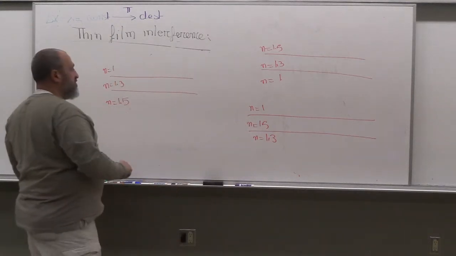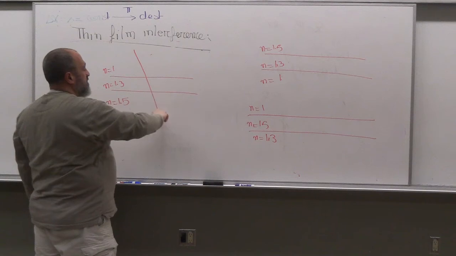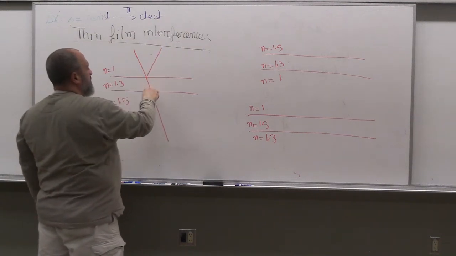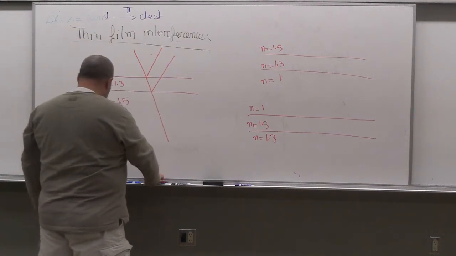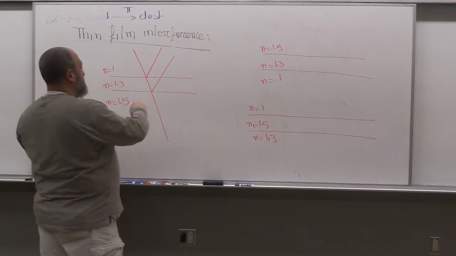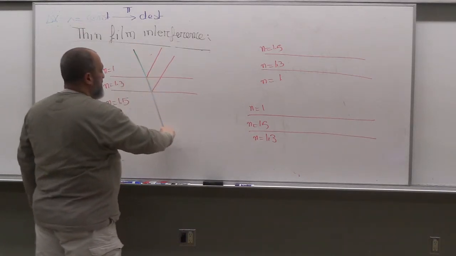So what I'm going to draw for you is beams, typical beams for interference. Let me color them differently, with green maybe. Green laser.